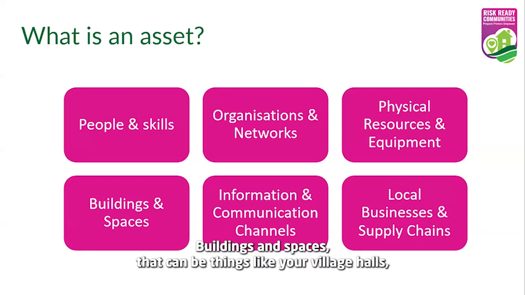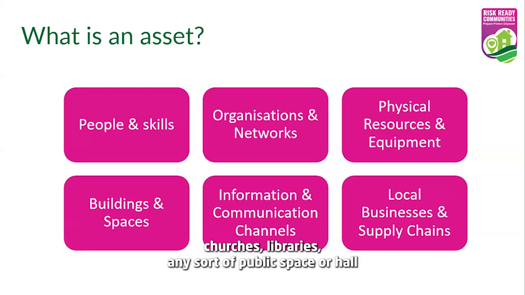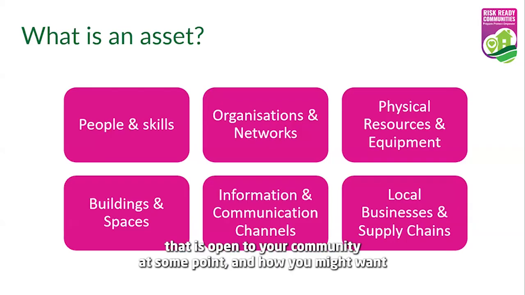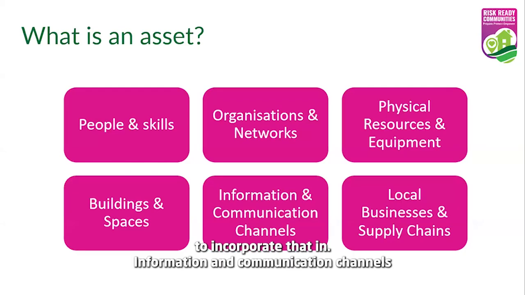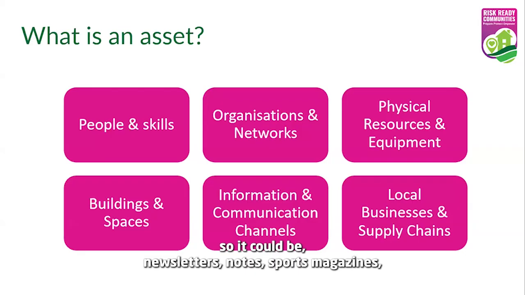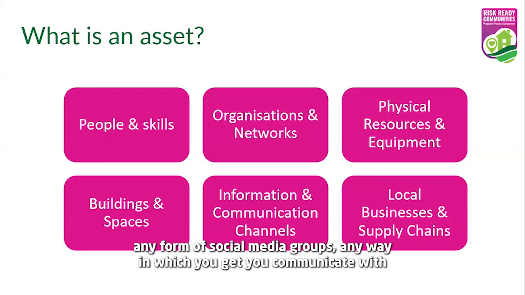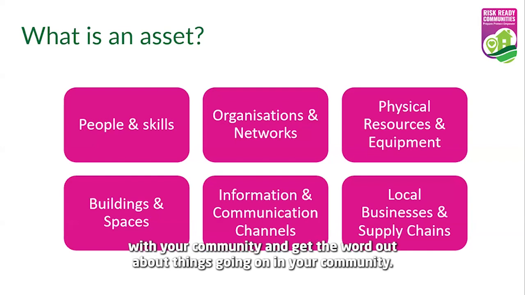Buildings and spaces, so that can be things like your village halls, churches, libraries, any sort of public space or hall that is open to your community at some point, and how you might want to incorporate that. Information and communication channels, so that could be newsletters, notice boards, magazines, any form of social media groups, any way in which you communicate with your community and get the word out about things going on in your community.